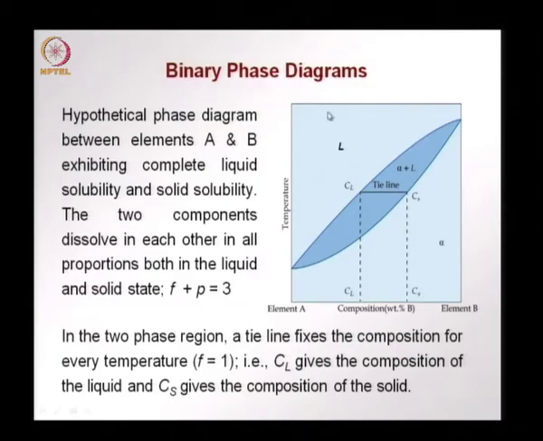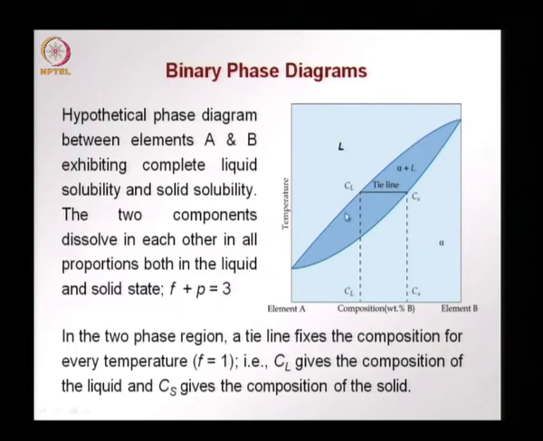We have this part which corresponds to the liquid phase, and this part corresponds to the solid phase, and we call it here alpha. So, this is the alpha solid phase, and as I said before, between different regions with single phases, there will be a two phase region separating them.